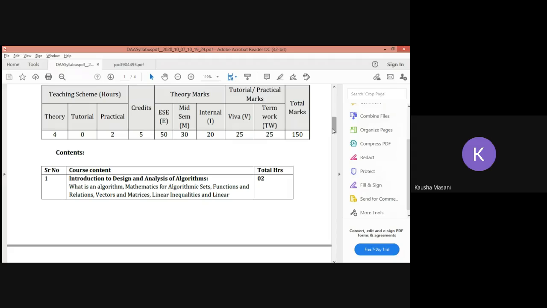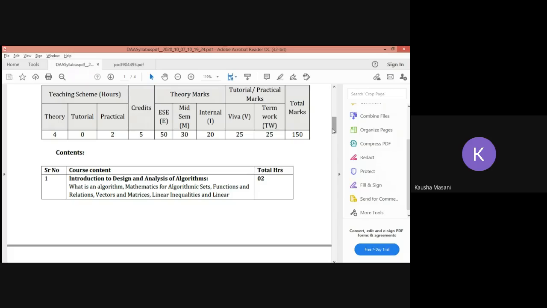Internal, you'll be getting the assignments, so 20 marks for that. Mid-sem, as you all know, 30 marks. Your external examination is listed here as 50, so it will be scaled again. And you have Viva of 25 marks. So that is your teaching scheme for this particular subject.